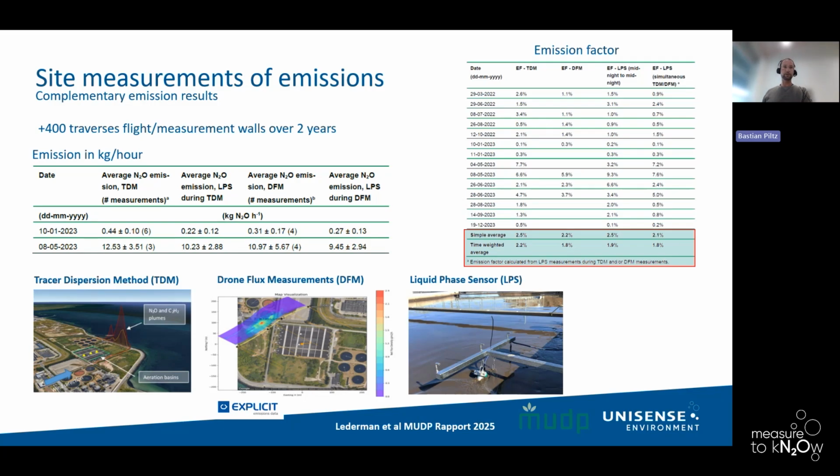We have a comparison of these 3 methods, and overall as a summary of the data, showing that the average emissions per hour are in a very similar type of range between the 3 methods during the comparative period, and the total emission factors that are being calculated based on the different methods are also highly similar.